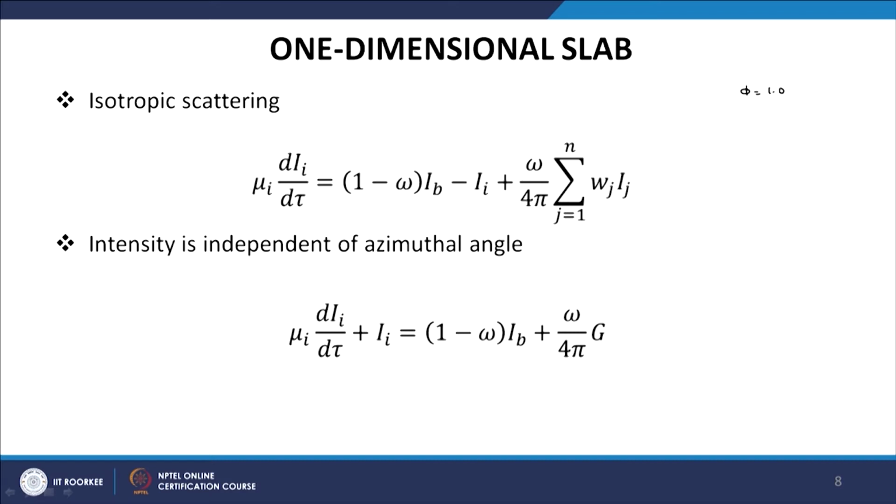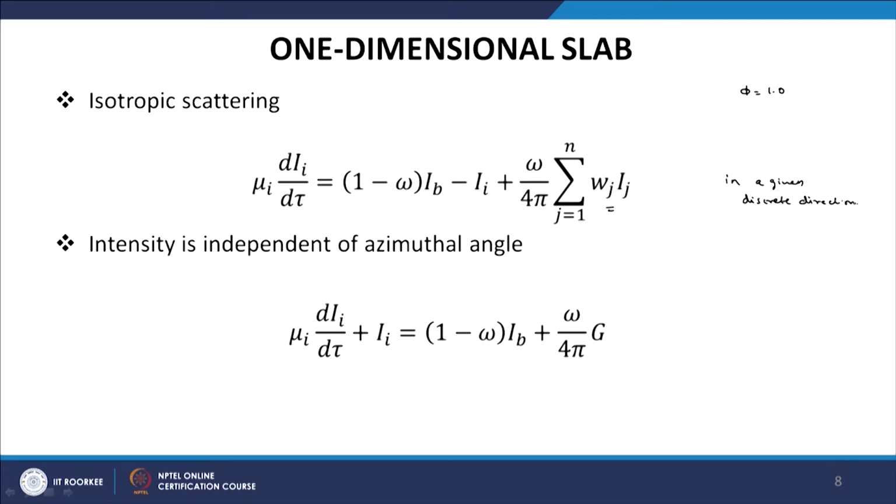So, our directional radiative transfer equation in direction mu i will be simply mu i dI i by d tau is equal to (1 minus omega) I b minus I plus omega upon 4 pi times the sum over all the quadrature weights, j equal to 1 to n, w j I j. So, this is the radiative transfer equation in a given discrete direction.